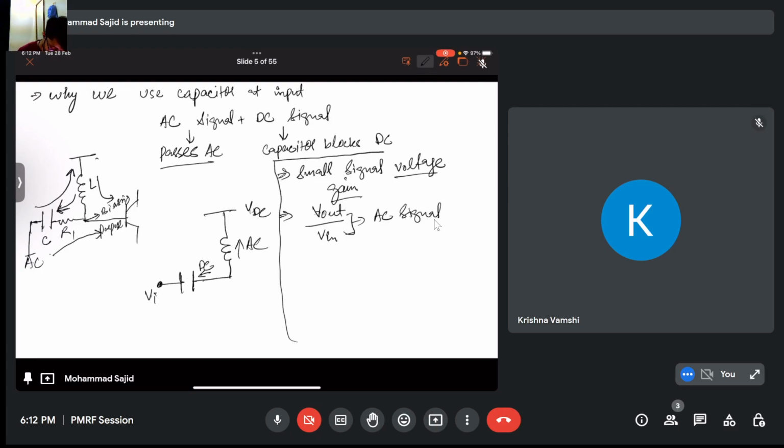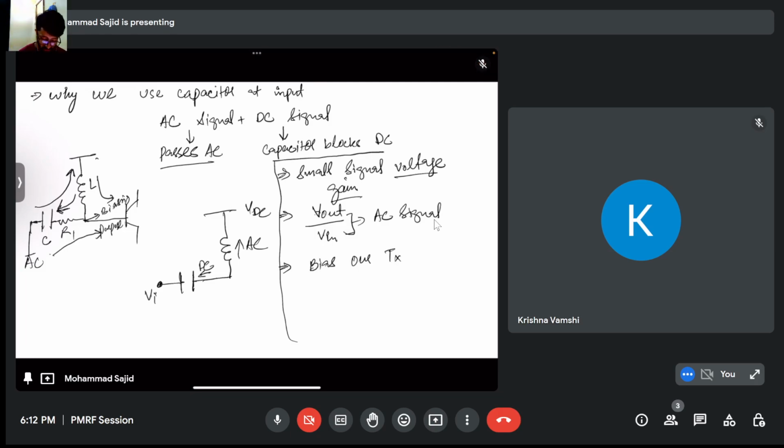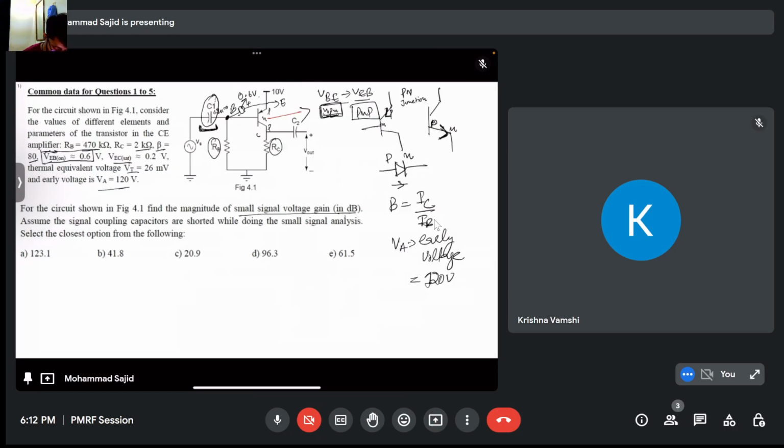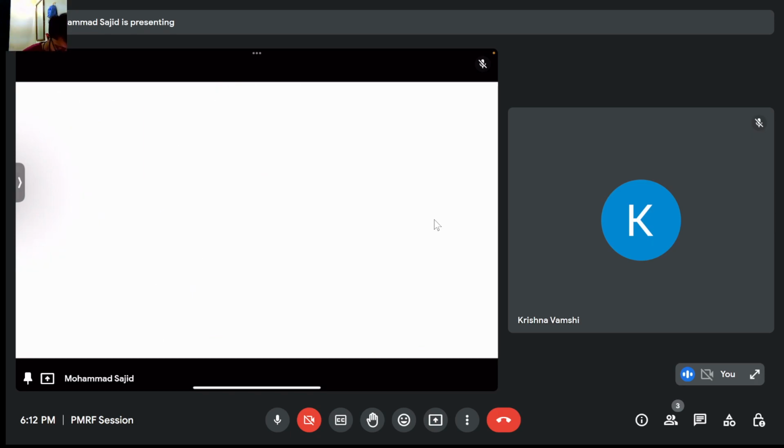So what we do is we first bias our transistor. TX is the short form for transistor. We first bias the transistor, then apply AC to it and find the characteristics such as gain, right? So let's see the circuit. Now to find the small signal voltage gain, we make an equivalent circuit.